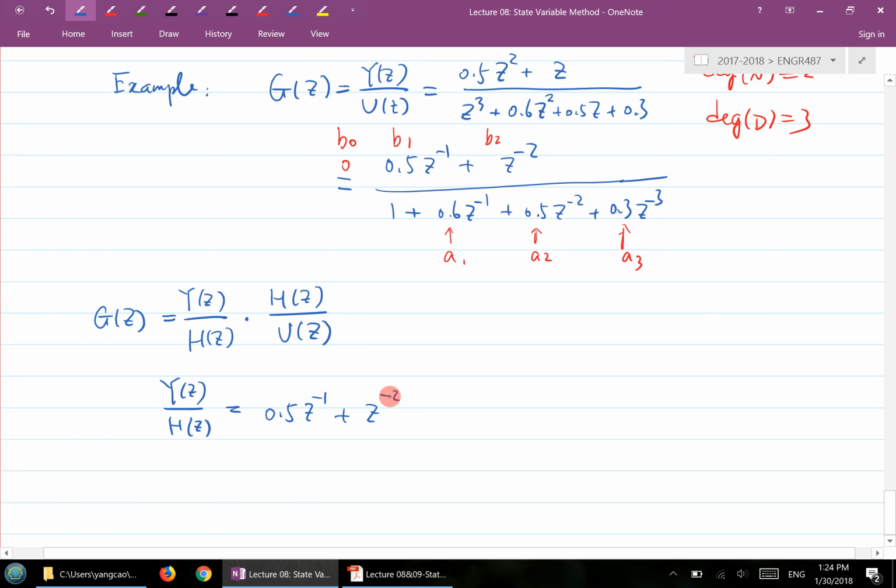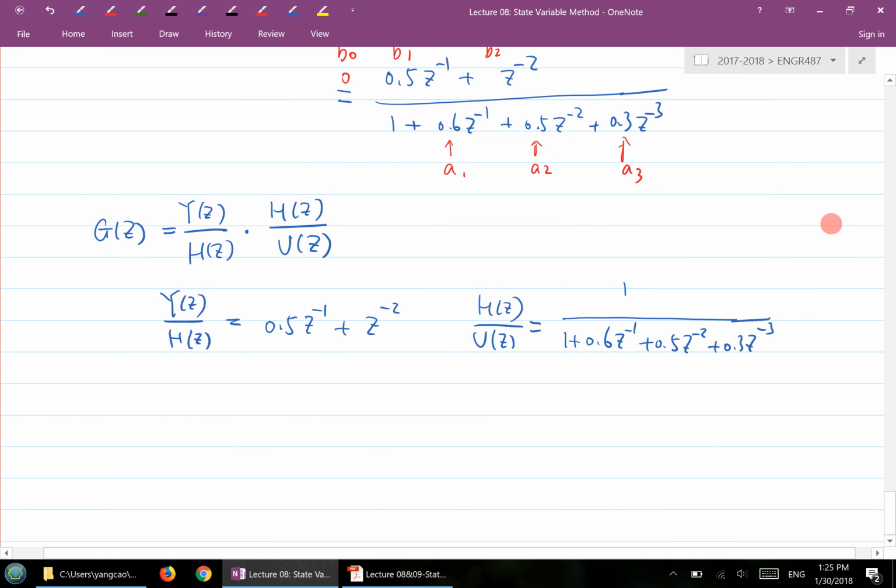And we also let H of z over U of z equal the denominator, so that's equal to 1 over 1 plus. Nothing changed, just what it looks like with the newly introduced H of z.